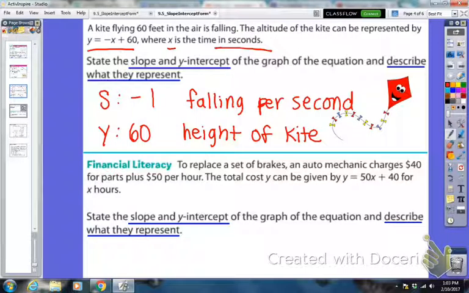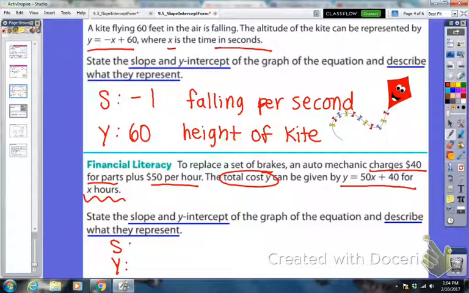The next one, to replace a set of brakes, an auto mechanic charges $40 for the parts, plus $50 per hour. Y represents your total cost, and it can be given by this equation, y equals 50x plus 40 for x amount of hours. So state the slope and y-intercept and describe what they mean.